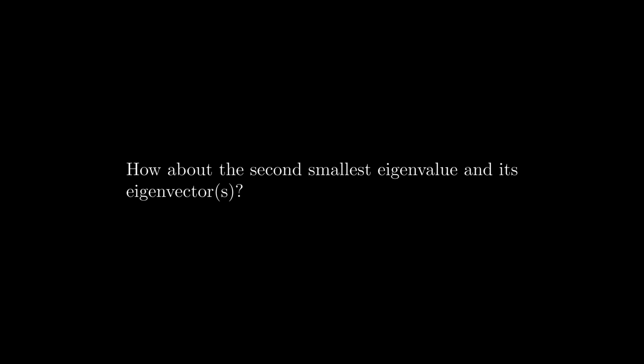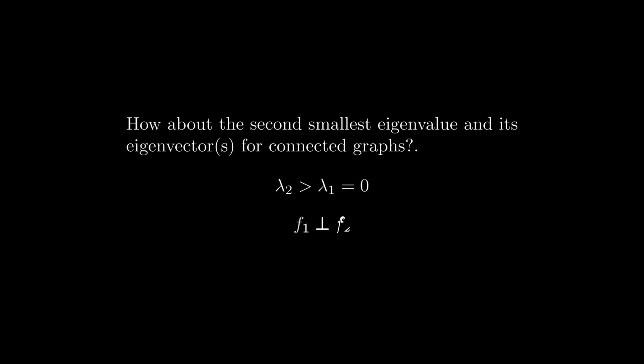Sounds good? Let's move on to the second smallest eigenvalue. To make life easier, let's focus on the connected graphs. Recall that if the eigenvalues are different, the corresponding eigenvectors are orthogonal. Here, I'm using subscripts to indicate that f1 is the eigenvector corresponding to the first eigenvalue 0, and f2 corresponds to the second eigenvalue.